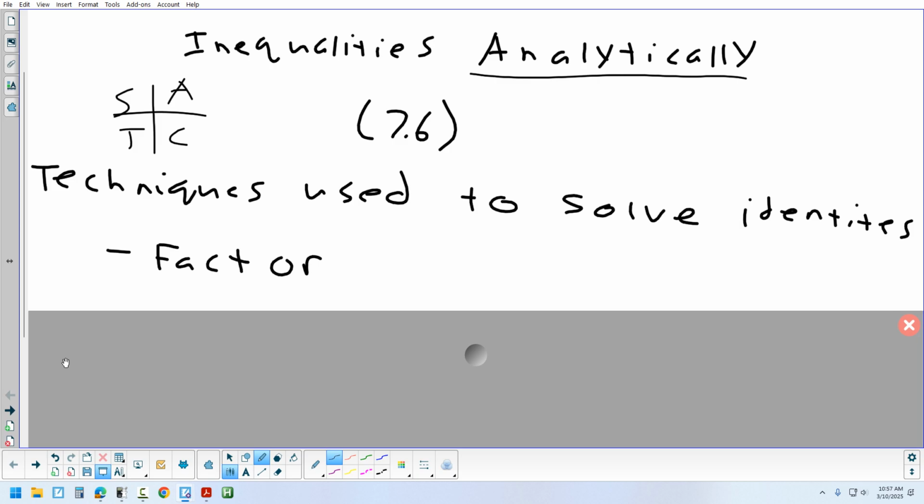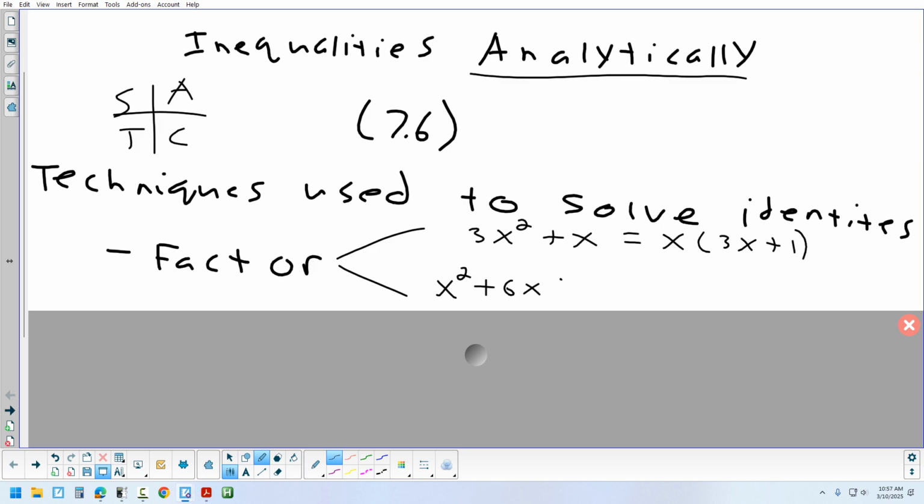Factoring. And there's two kinds of factoring. One kind of factoring is if you had something like this, 3x squared plus x, and you factor out the GCF. That's the easy kind of factoring. You just look at what they both have in common, and you factor it out. The harder kind of factoring is something like, let's say, x squared plus 6x plus 5.